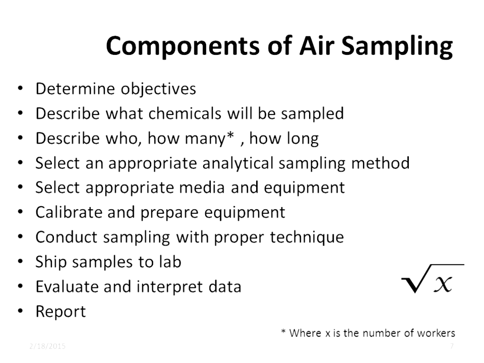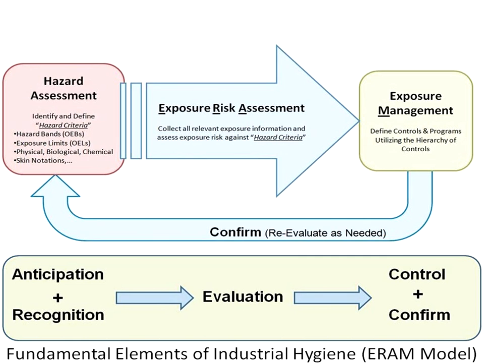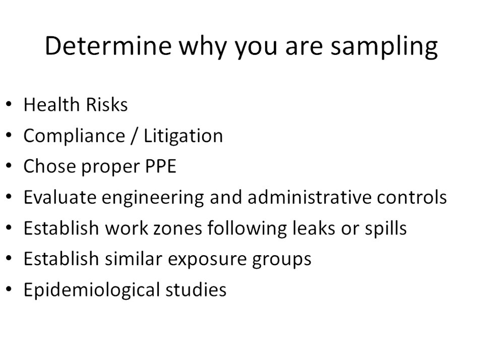The report is the place to put it in very concise terms. Brevity and thoroughness is what I was told. So these are steps in a basic industrial hygiene process.